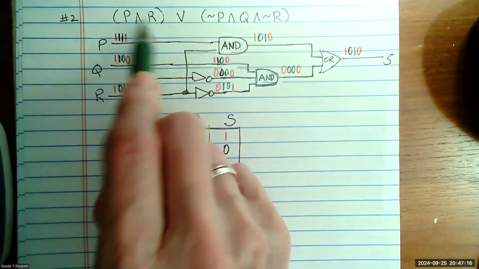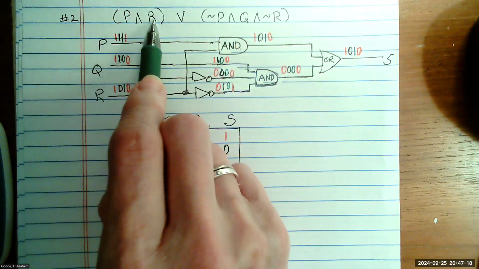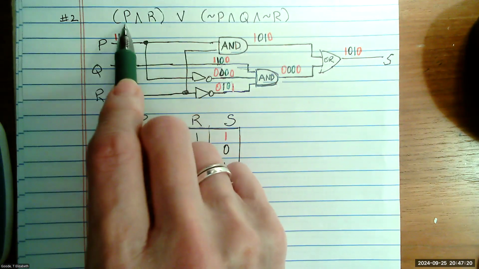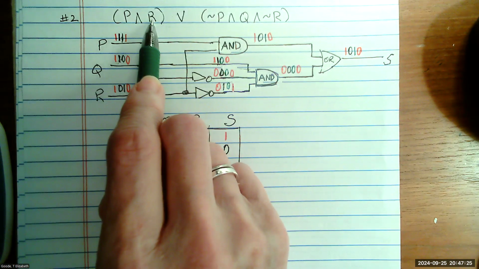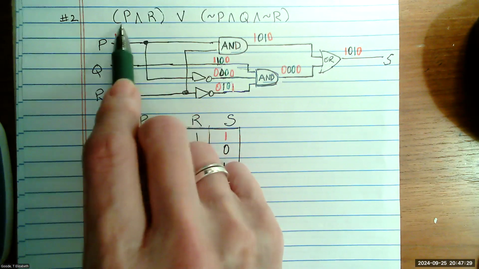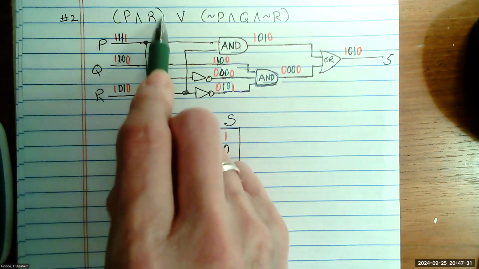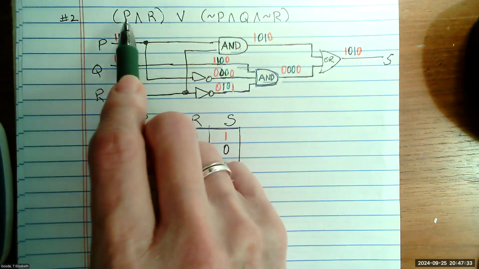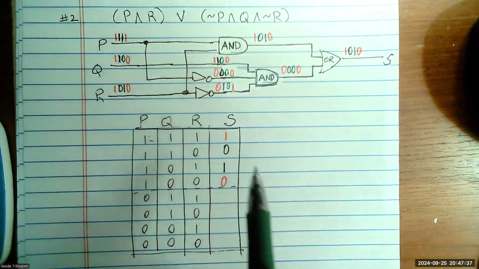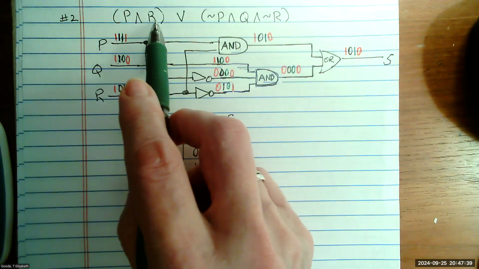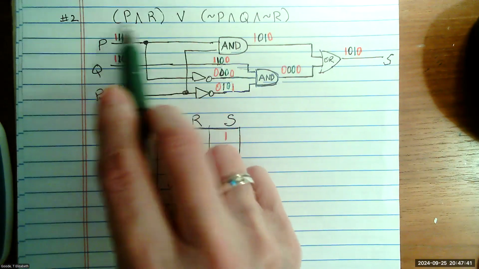Another way to think about this expression is that P has to be hot and R has to be hot, and it doesn't care about Q. This doesn't say anything about what should happen with Q. It only says that P and R both need to be hot. Q could be hot or Q could be cold. That's another way to understand this.